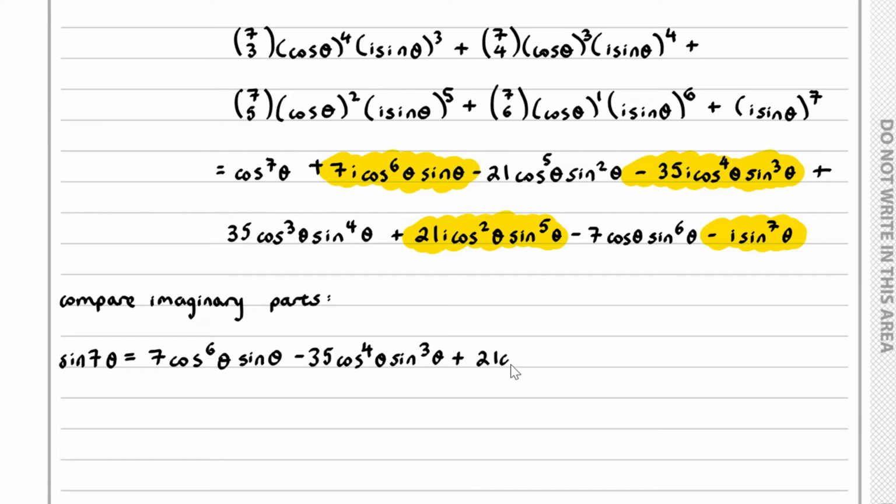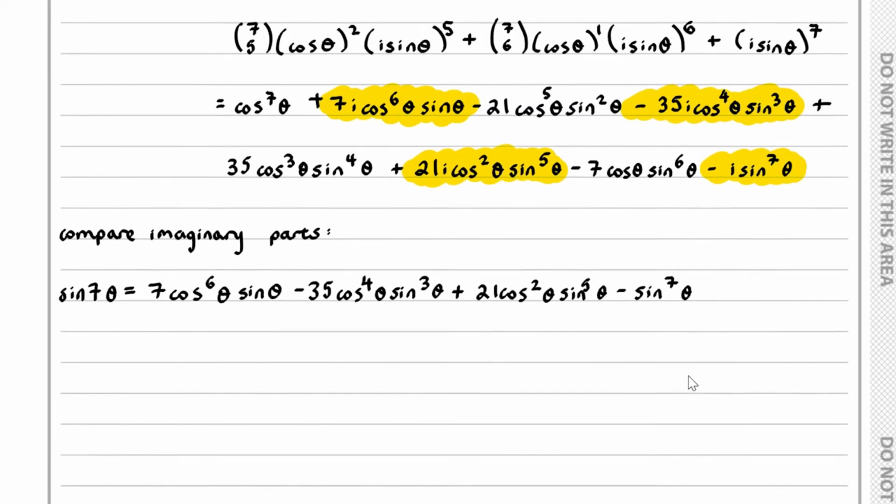Then we've got 21 times cos squared θ times sine θ to the 5. And then we've got minus sine θ to the 7.